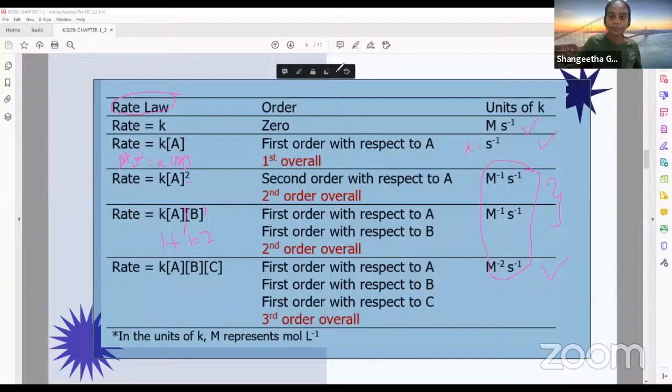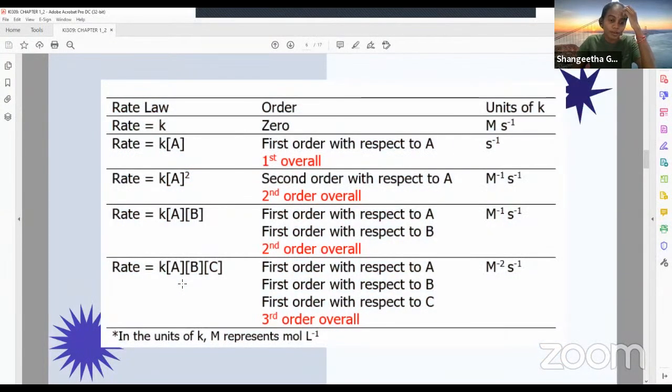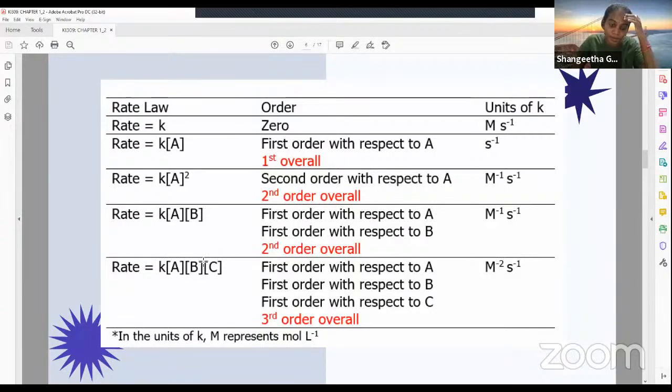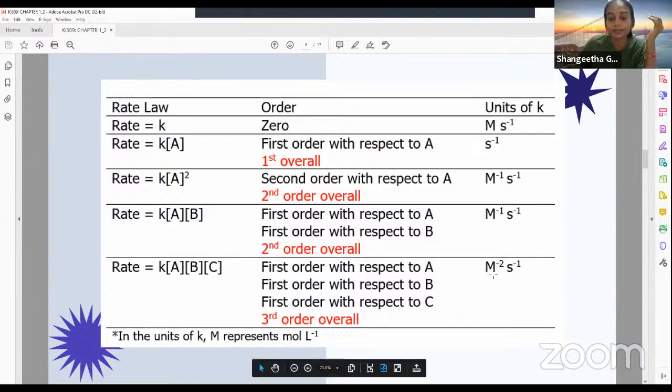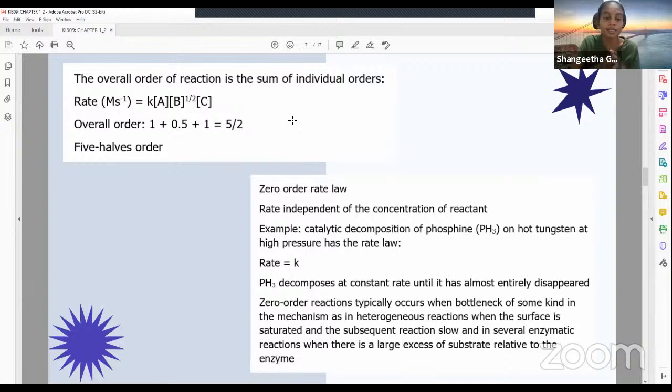The same goes for the rate when it is third order: first order with respect to A, B and C, so the overall order will be 1 plus 1 plus 1, which is third. Now, it is not always 1, 2, 3. It can also be half sometimes.